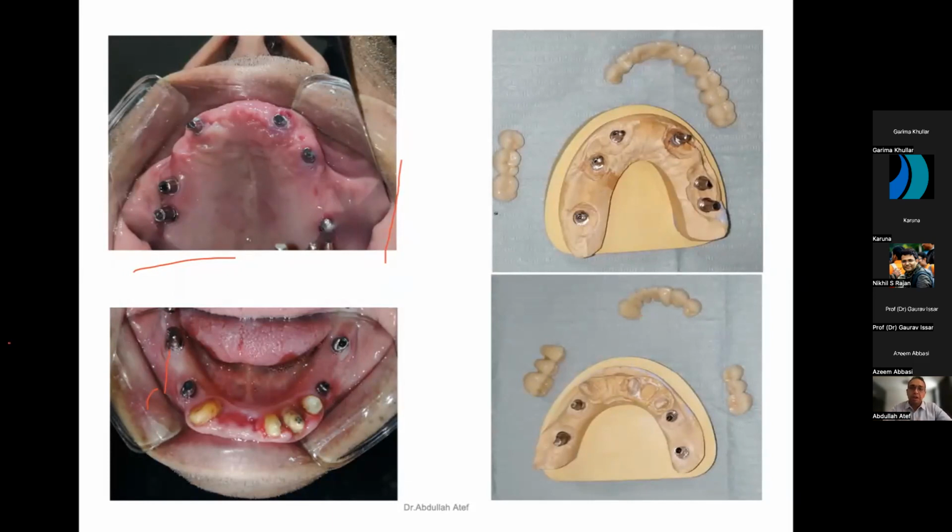Here you find the cast and clinical photo, very simple and straightforward. We are making no single tooth or bridge replacement; we make an all-mouth tooth replacement.